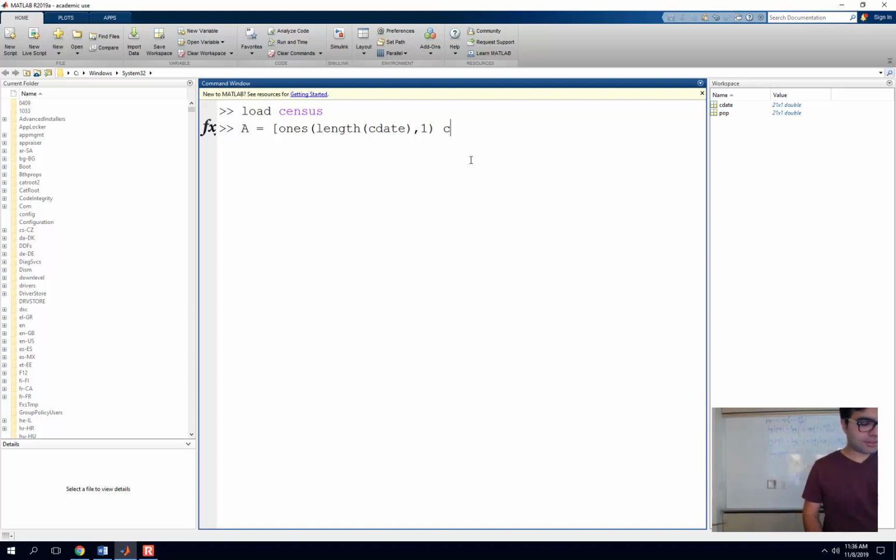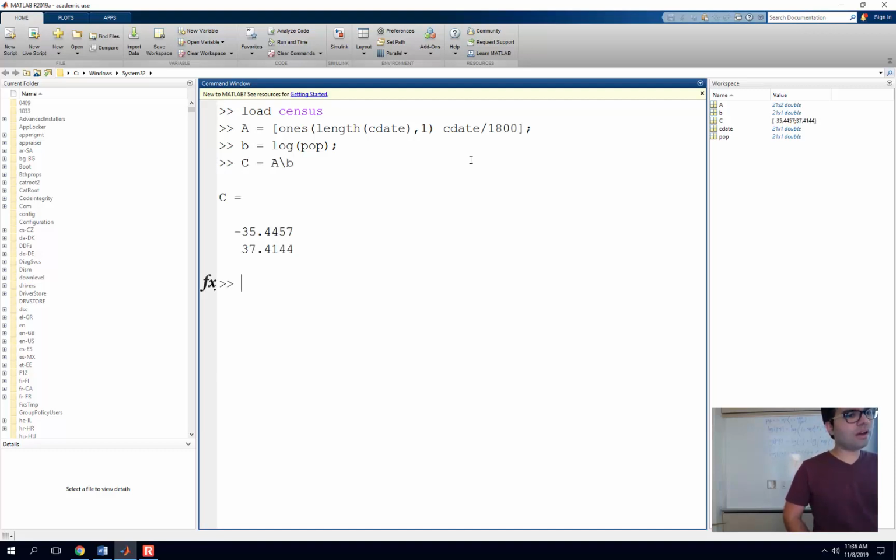And then I have C date divided by 1800. That's my A. My B is log of population. I do C equal to A backslash B.